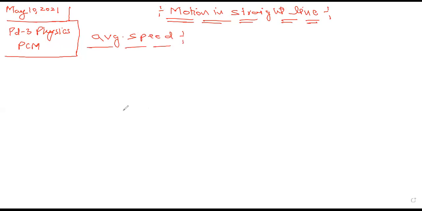Average speed. Average speed is meant... I am revising the complete. Okay. Average speed जहाँ से छोड़ा था.